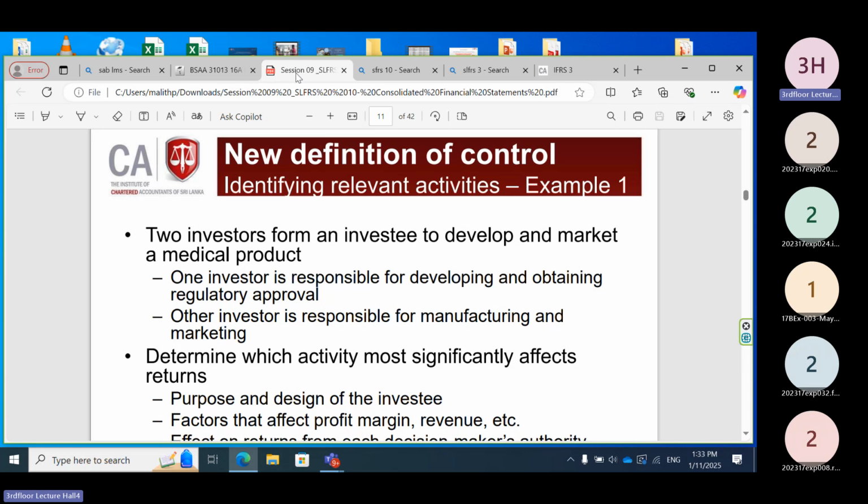What's the positive answer? You have the control, right? Because of that, we are going to do the consolidation because of this thought process.